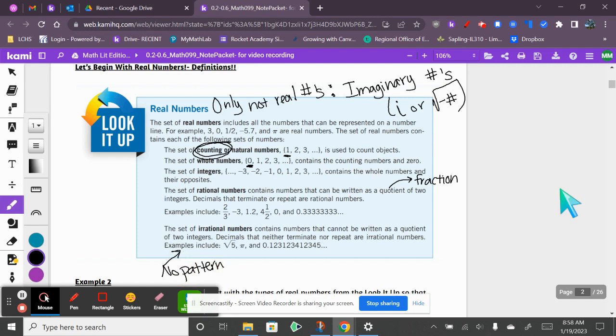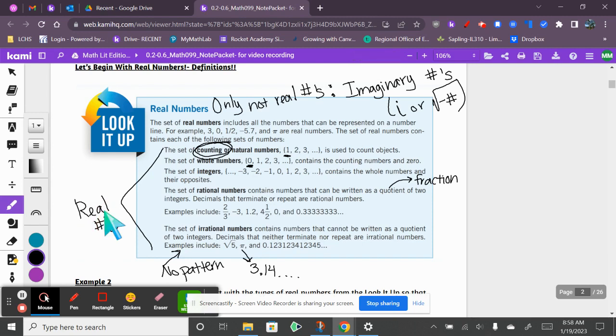If you were to take the square root of 5 and put it in your calculator, you would see that it's a pattern that doesn't really make a lot of sense. Just like with this one, we don't have a very clear pattern, so this would be irrational. And with pi, it's actually irrational because it goes on forever and it doesn't have a clear pattern. So all of these are considered real numbers.